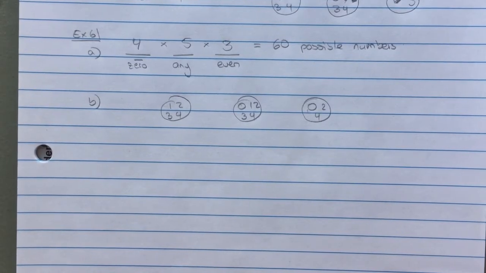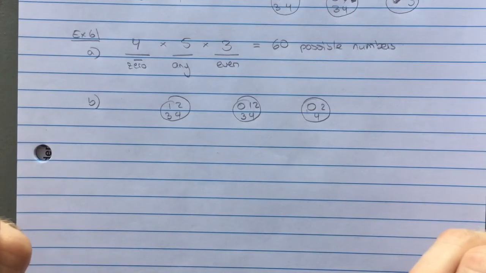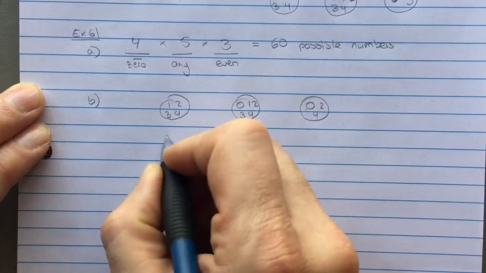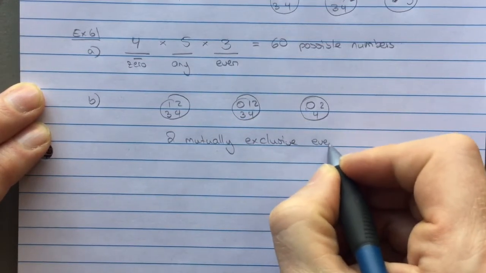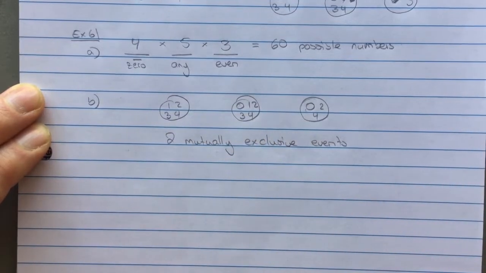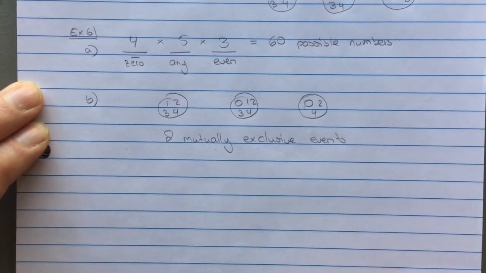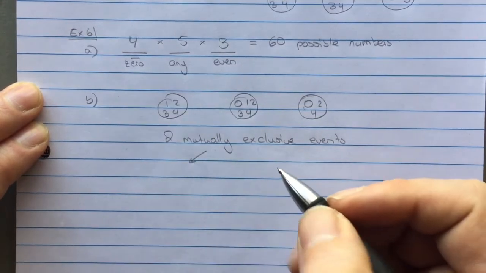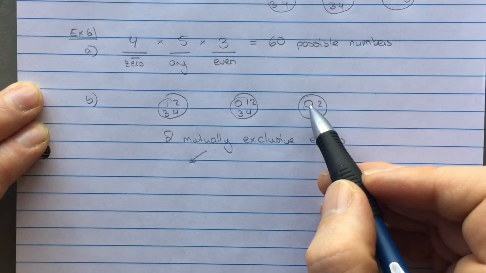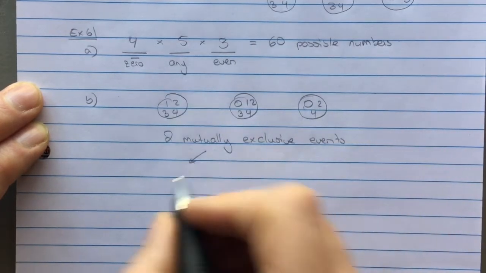And we call those 2 different types of events mutually exclusive. So we have 2 mutually exclusive events, and those are the following. The first one is where the last digit is a 0, and the second one is where the last digit is not a 0.